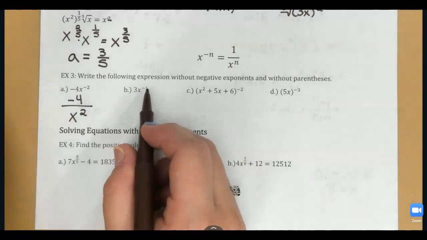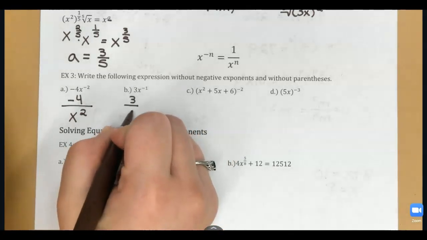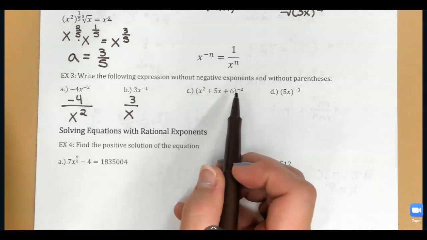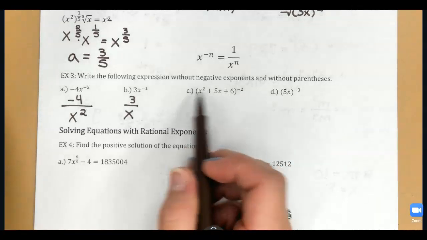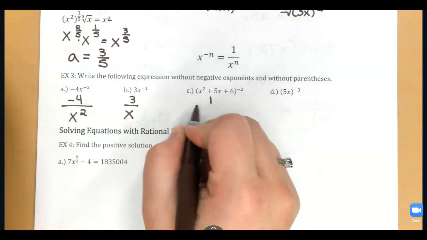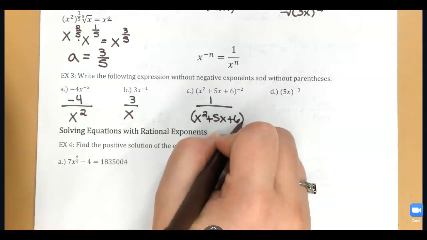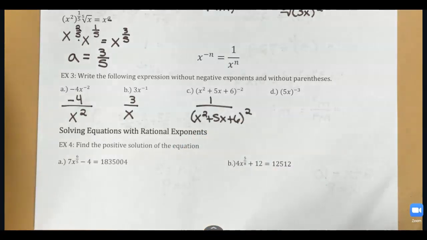I don't have parentheses, so the -1 only applies to the x. But then on C, notice how this is all in parentheses to the -2 power? That means it applies to everything. So to make it positive, I have to move my entire trinomial into the denominator.